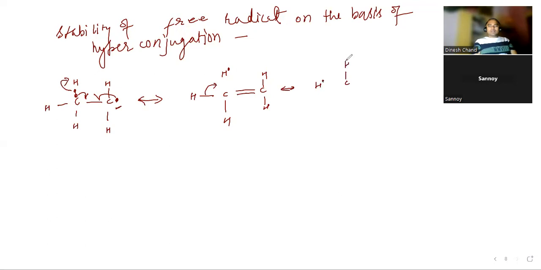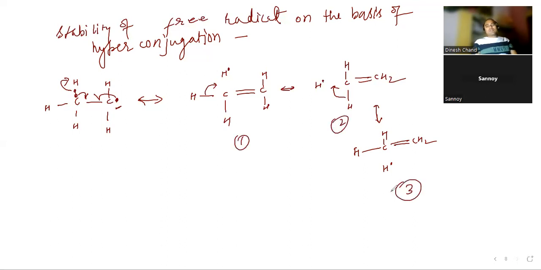H, here is H, this is H, double bond, CH2. Next time this bond is shifting here. So where is another free radical going? This is the H, here is C, this is the H, here is free radical, this is CH3. So 1, 2, 3. The same rule is followed. For the free radical, one electron is jumping on three different hydrogens.